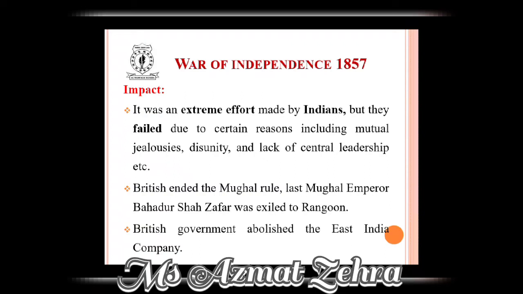So why did the uprising fail? What was the reason behind it? The uprising failed because the aims of the rebels were vague and confused. They mostly wanted to restore their old rulers and customs.